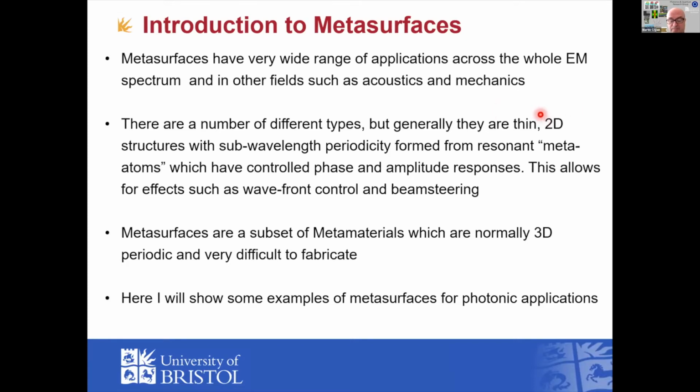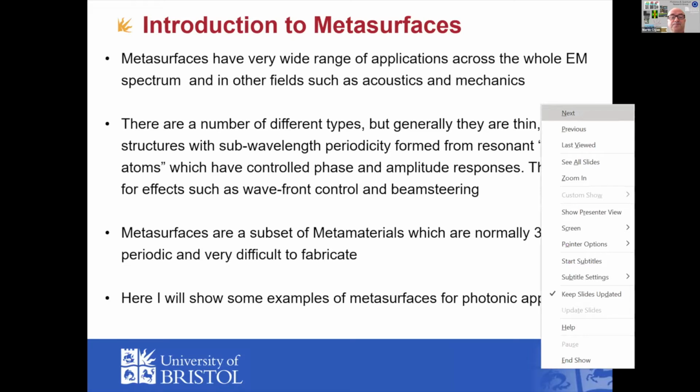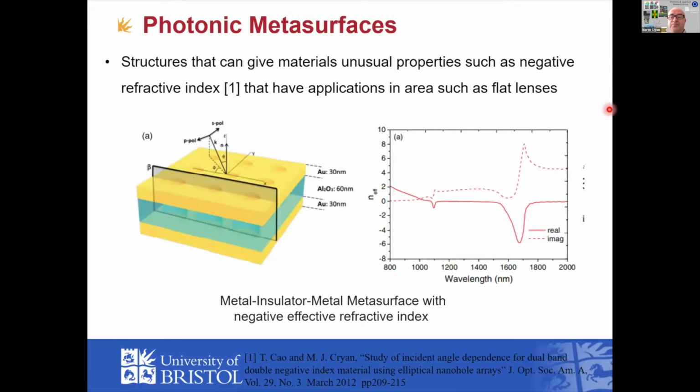So I'm going to show you some examples to do with photonics. And this is a starting point just to introduce simple metasurfaces, if you like. If any of you have studied anything like microwave antennas, they're not too far removed from an antenna. So this is a typical structure.